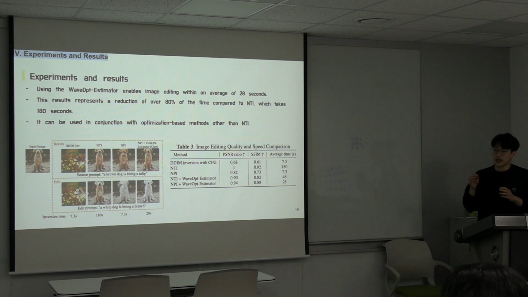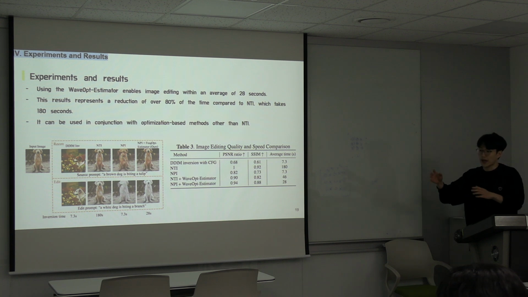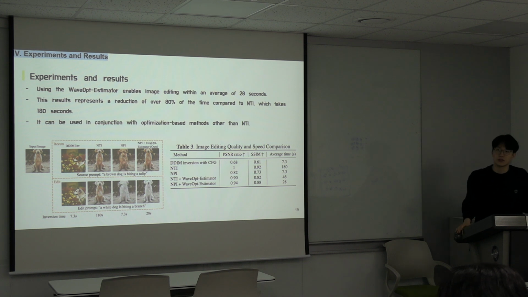So the NTI method enforces an excessive constraint on the original image to edit the image. However, our method optimizes the null text embedding vector only up to a certain time step. So I think this part helps the more flexible editing features. Thank you.